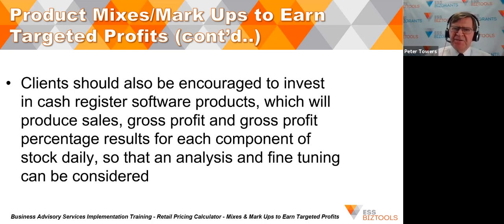Because you should be able to reduce that overall target of gross profit into a daily figure to cover the wages, the overhead costs, and the profit that the business wants to make.